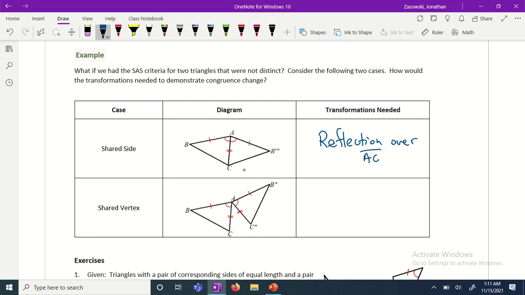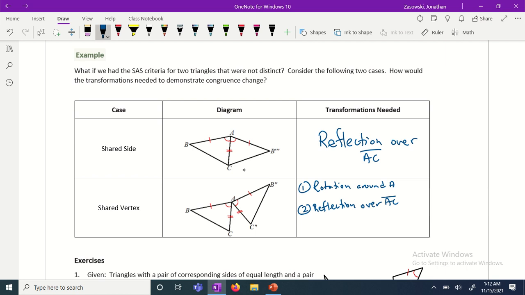If there's a shared vertex, normally we're going to do it in two moves. We're going to do a rotation around A, and then the second thing we're going to do is the not translation, reflection. Apologies. Over line AC again.